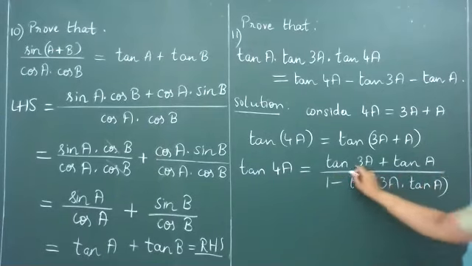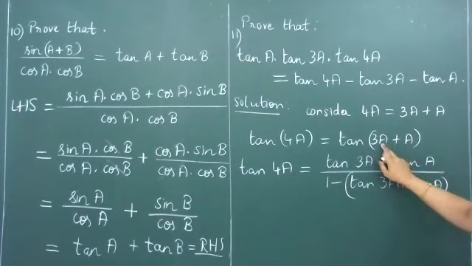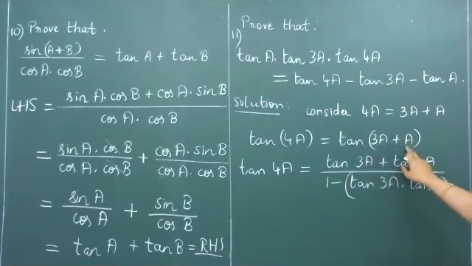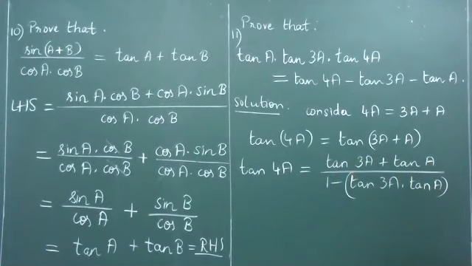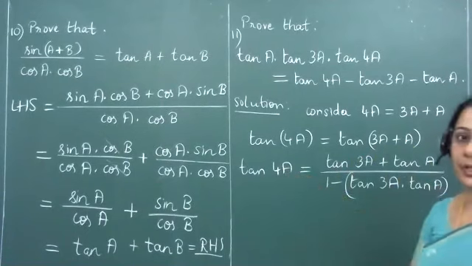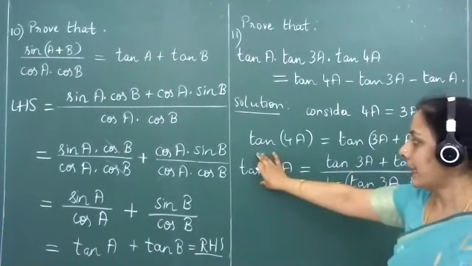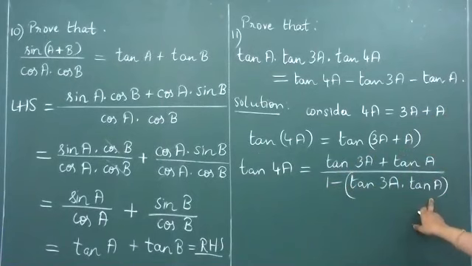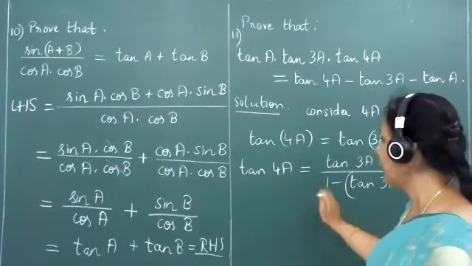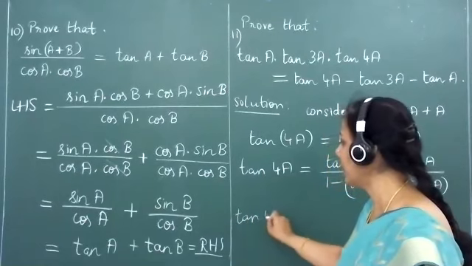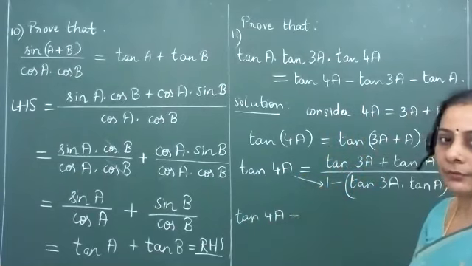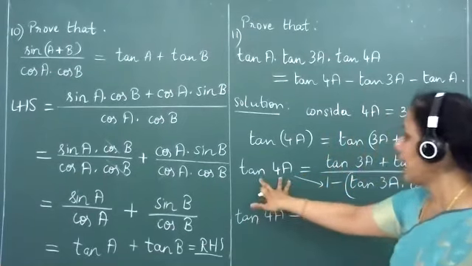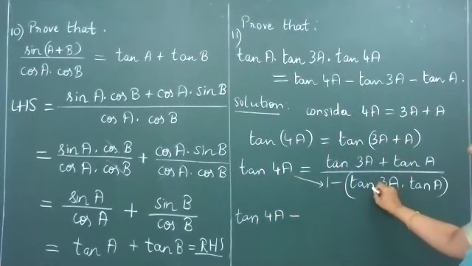And here in the RHS we are having for the angle A as 3A and for the angle B as angle A. So we just have placed the different values of A and B in the RHS. And now here in the next step we are going to cross multiply tan 4A into the entire expression in the denominator. Tan 4A into 1 we cross multiply to get tan 4A into 1, which will become tan 4A minus tan 4A into the product of the two terms.